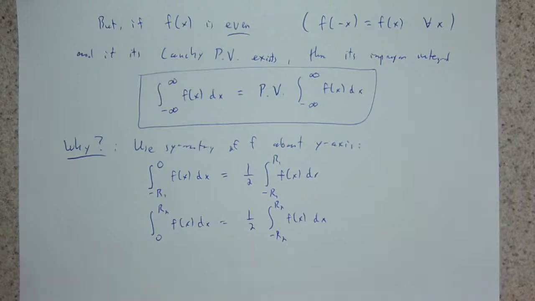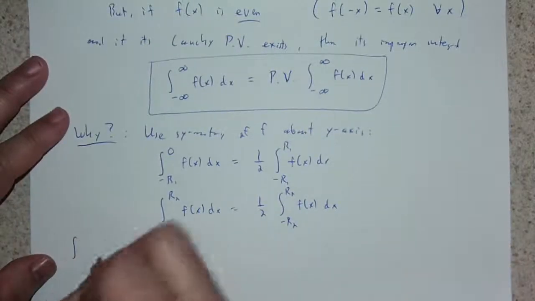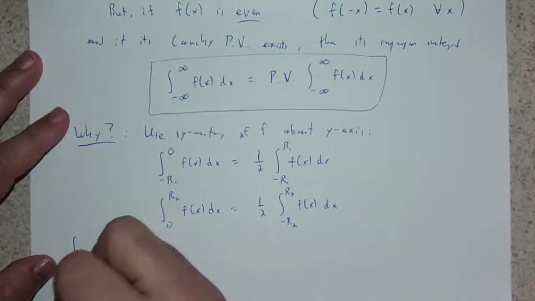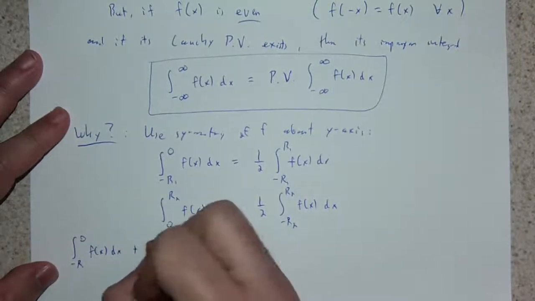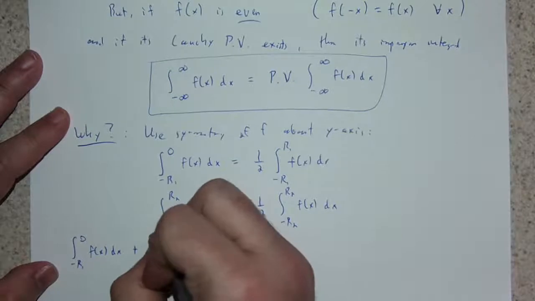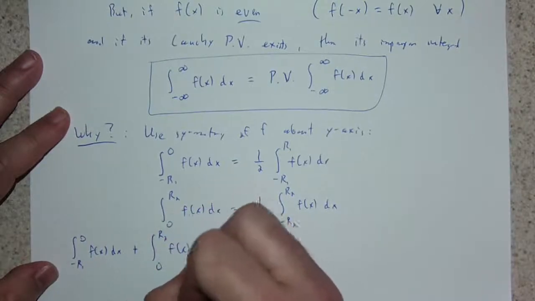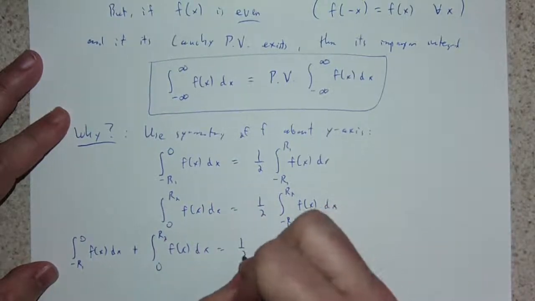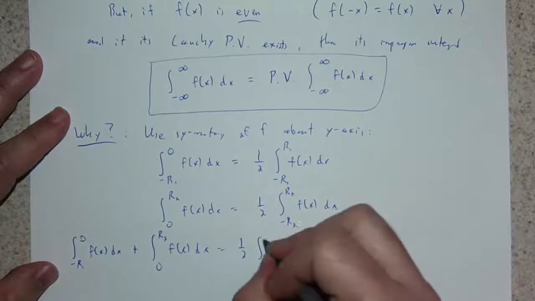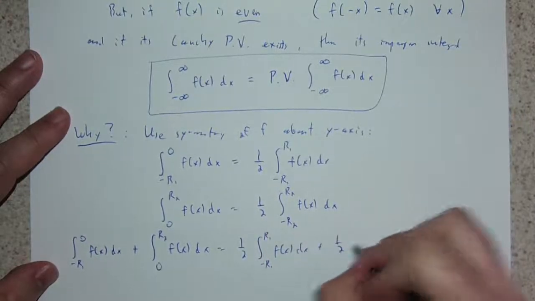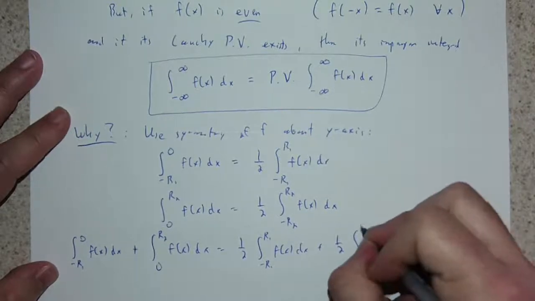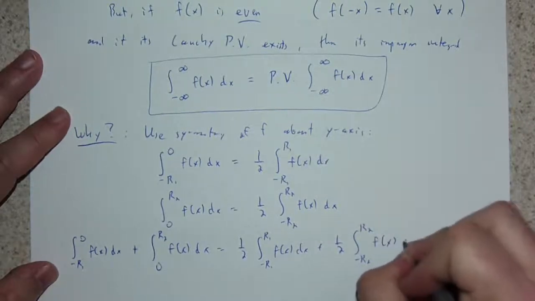And so, if I take the integral from minus r sub 1 to 0 of f of x dx plus the integral from 0 to r sub 2 of f of x dx, then this is 1/2 times the integral from minus r sub 1 to r sub 1 of f of x dx plus 1/2 times the integral from minus r sub 2 to r sub 2 of f of x dx.